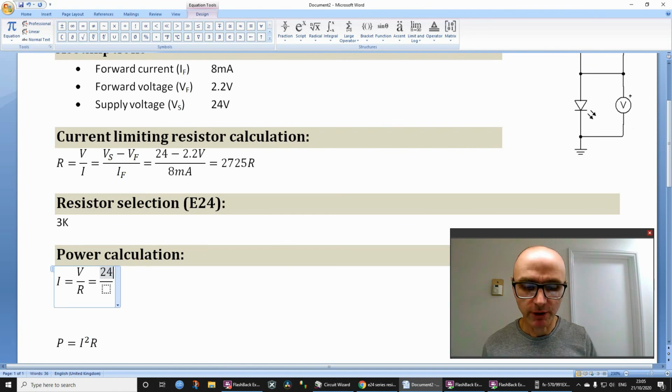It's 24 minus 2.2 across the LED, and then the resistance this time is not going to be 2725, it's actually going to be 3000, or 3K.